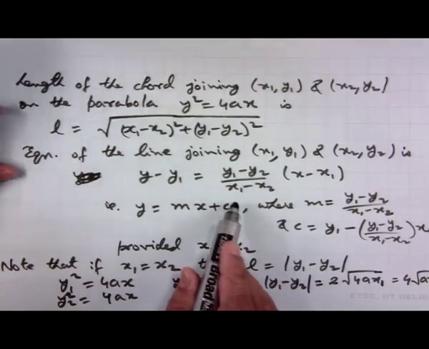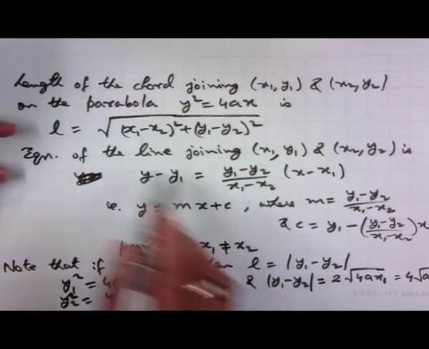But in the case where x 1 is different from x 2, then this line is not parallel to the y axis and we have this line.